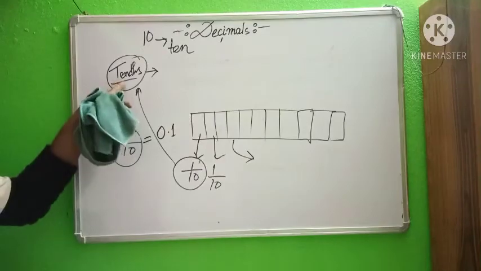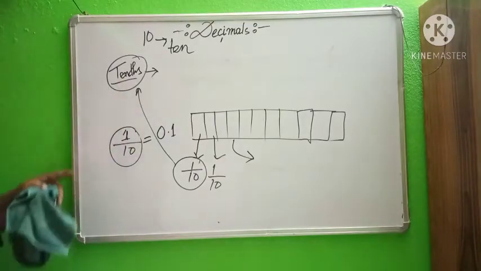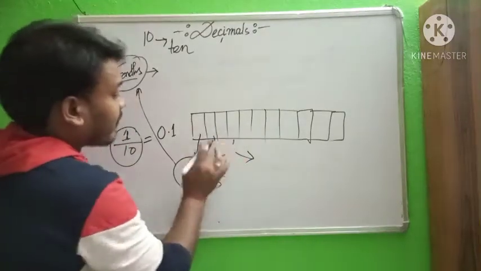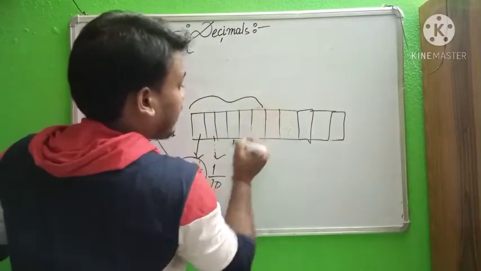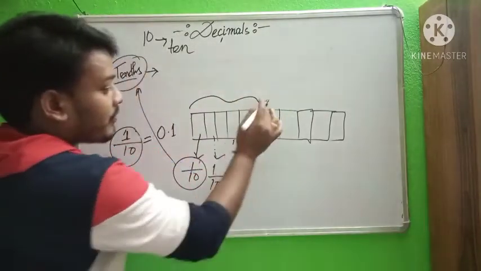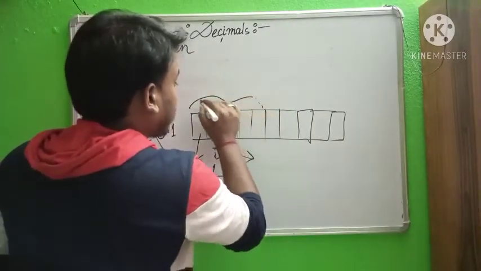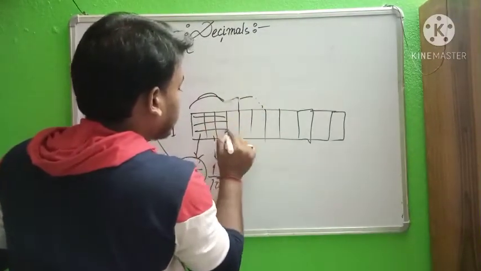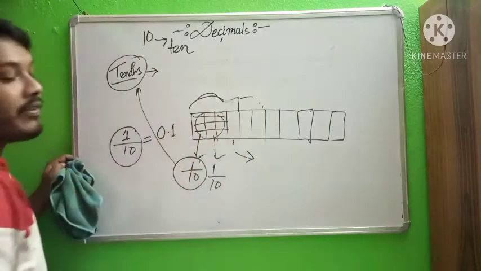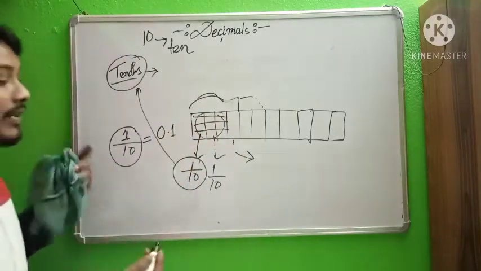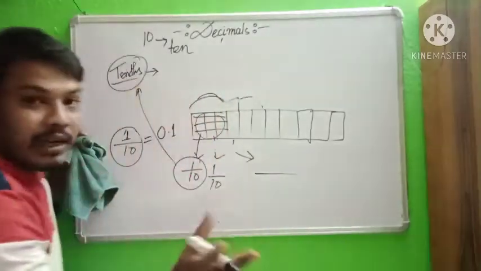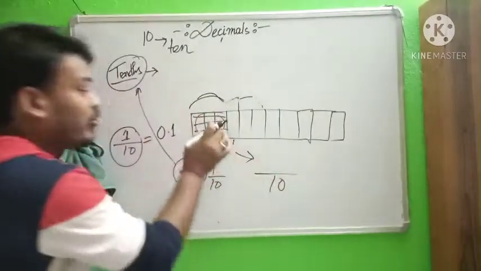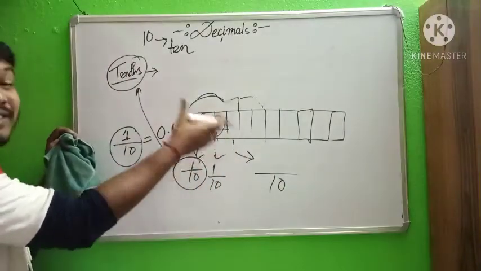If we take 3 parts, what is the fraction for these 3 parts? How to write the fraction? In the denominator the total parts, 10, and in the numerator the colored or shaded parts.